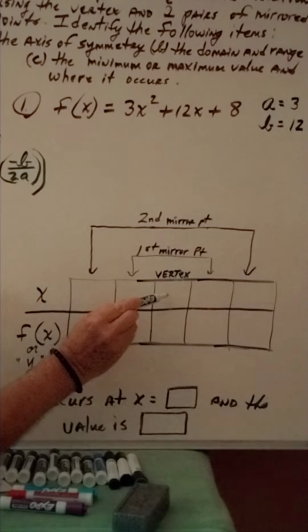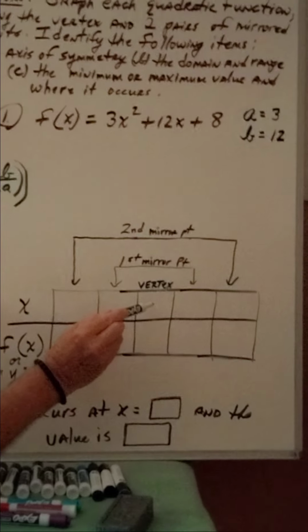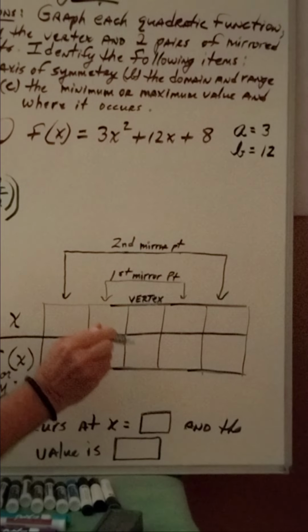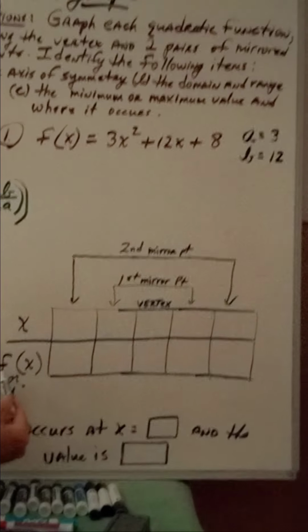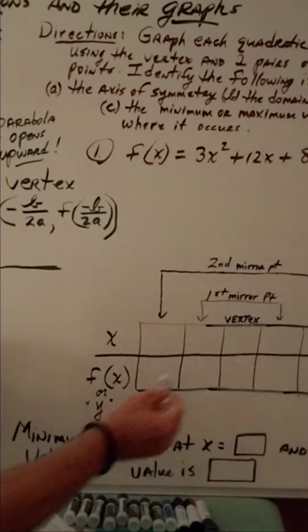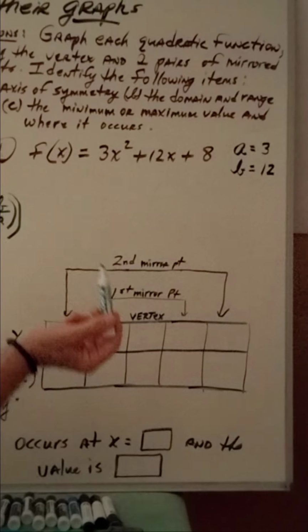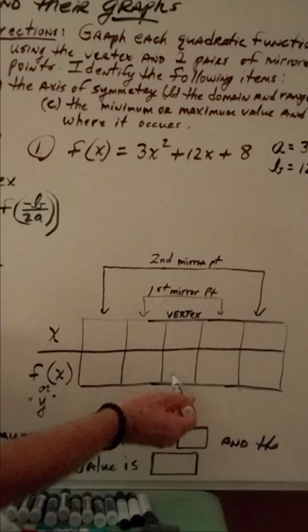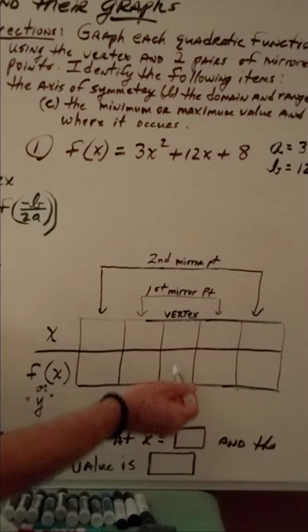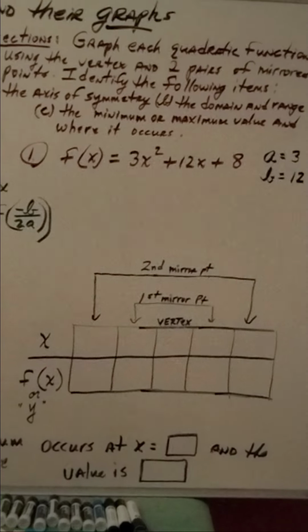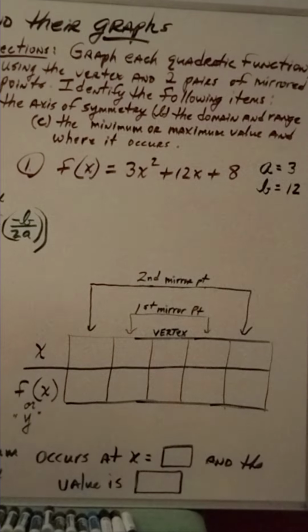This block right here is going to be filled in by the x value of the vertex, and the square right below it is going to be the value of f of x, or the value of y. It's going to be the y value of the vertex. The vertex point, that ordered pair, is going to be placed right in these middle two boxes, top and bottom from one another. That's where the vertex is going to go.